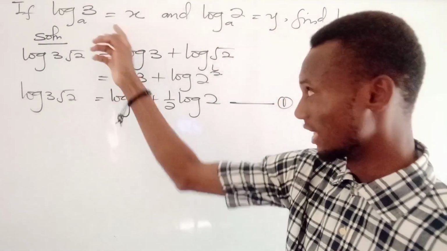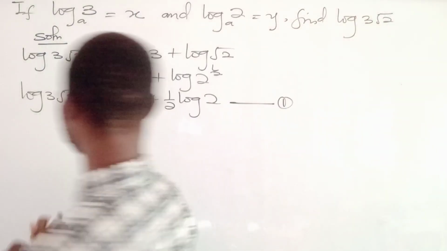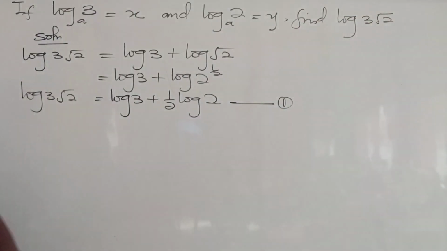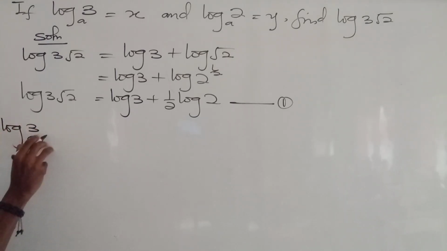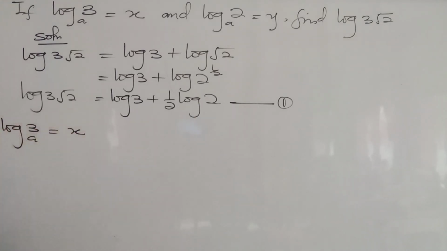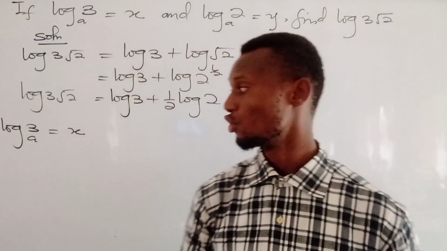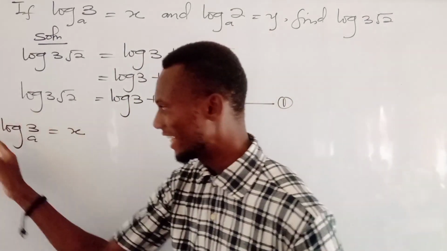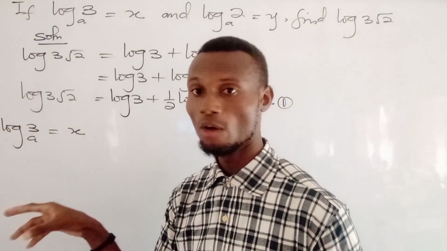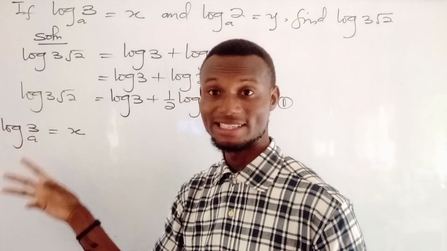Okay, so now let me take this one and let's get our log 3 from it. I hope you are following. We have log 3 to the base a equals s. We are going to apply one of the laws of logarithm to write this in a way that there will be no more logarithm sign in it.